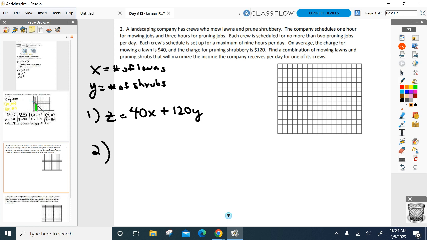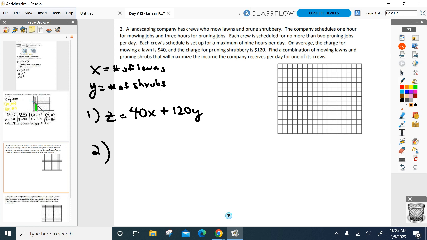I can only work a max of 9 hours a day. How long does it take to mow a lawn? 1 hour, shrubs 3. Maximum amount I can work, though, is 9. So you want to put the 1 and the 3 with your lawn and shrubs and tell me what I need to write for a maximum of 9 hours a day.